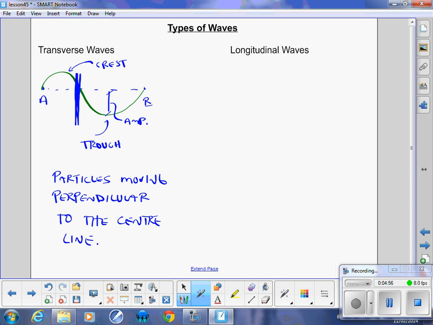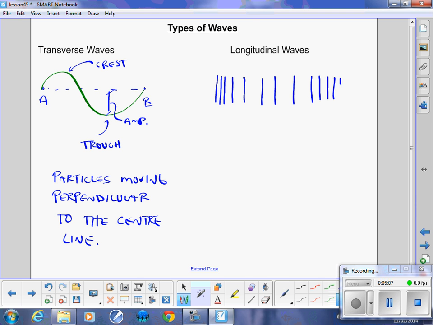Now longitudinal waves, trickiest ones for me to draw. So we have close lines spreading out, and then going back into tight lines again. And we have our energy transfer. I'm going to have it heading that way. So the energy is being transferred by a series of compressions and rarefactions. Compression occurs where the particles are pushed together.